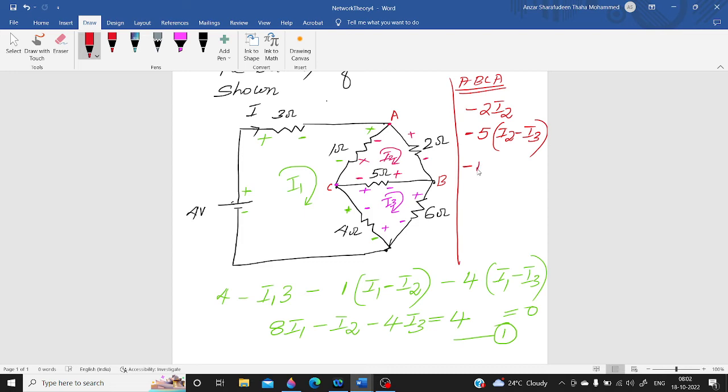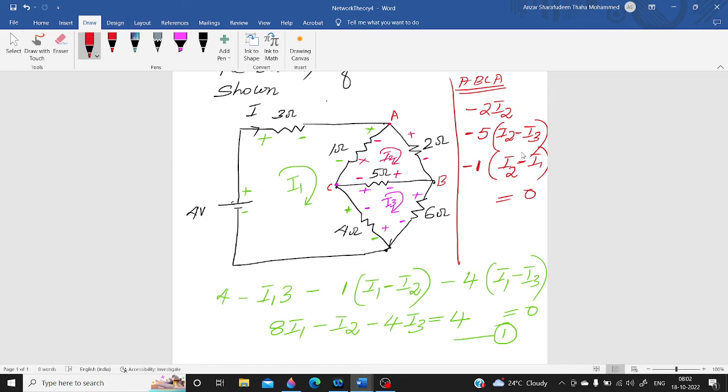So it is minus 1 into the current in mesh 2, which is I2, and the current in the other mesh flowing in the opposite direction is I1, minus I1, and this sum is equal to 0. So it is minus 2I2 minus 5 into I2 minus I3 minus 1 into I2 minus I1 is equal to 0.